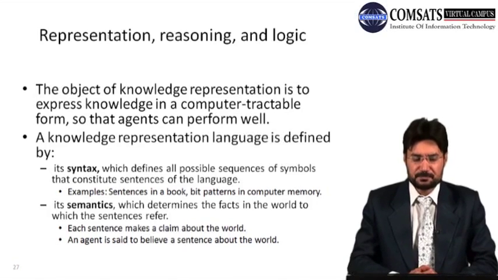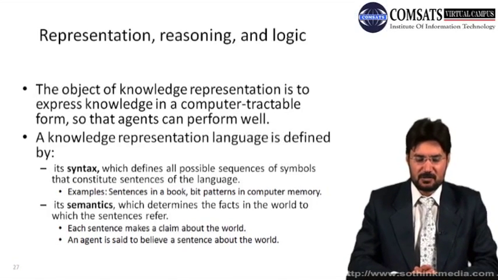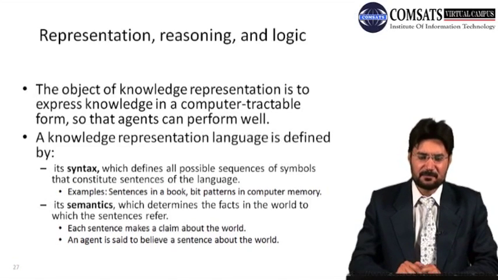Now if we want to convert the knowledge in a way that the computer can trace it, because if it is a complete sentence then we cannot understand it, that's why we need to have some kind of representation. So how will we use this representation?